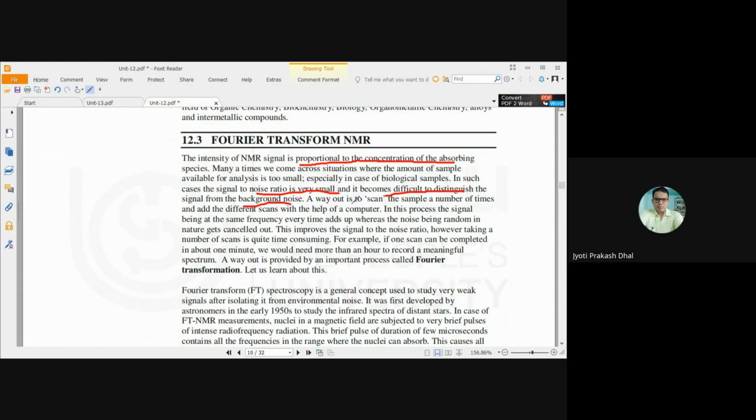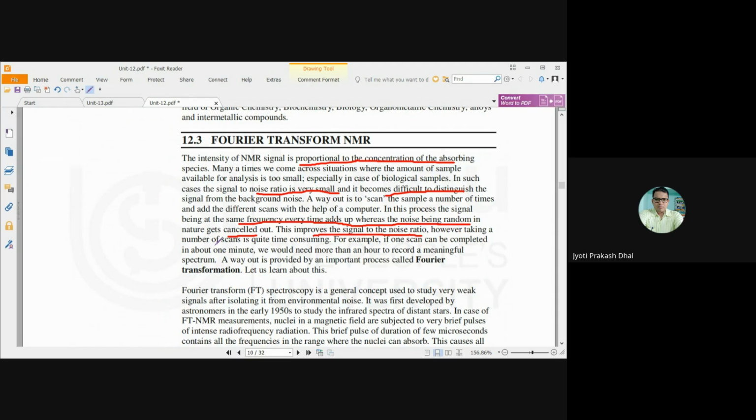A way out is to scan the sample a number of times and add the different scans with the help of a computer. In this process, the signal, being at the same frequency every time, adds up, whereas the noise, being random in nature, gets cancelled out. So this improves the signal to noise ratio.